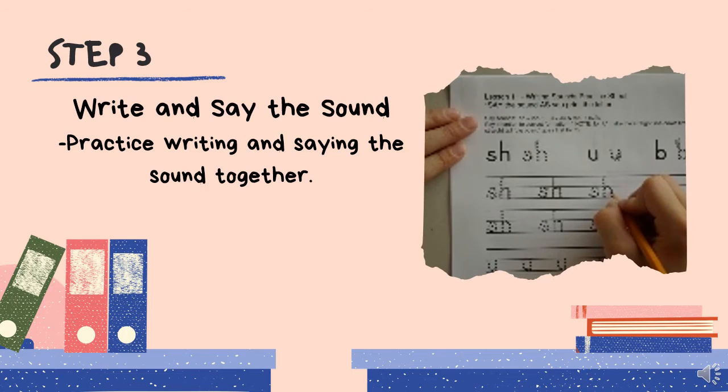Step number 3. Write and say the sound. Practice writing and saying the sounds together. Writing sounds uses kinesthetic, visual, and auditory processes to directly link the printed letter to the sounds. The goal is for the student to automatically know the printed alphabetic character equals sound association of the complete phonemic code.